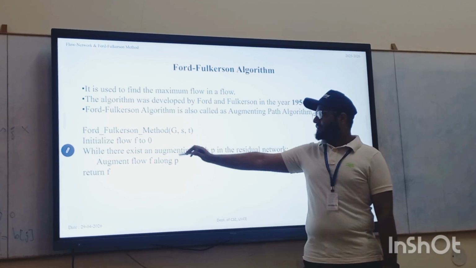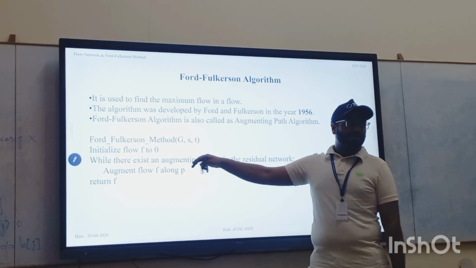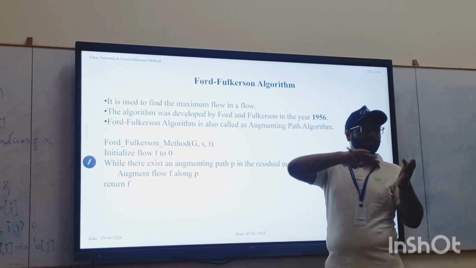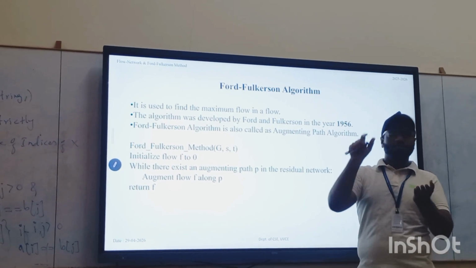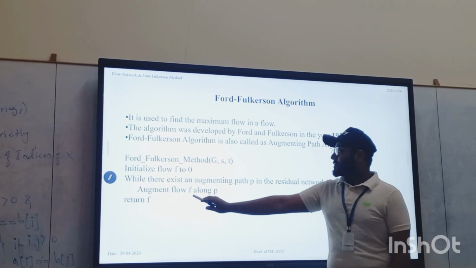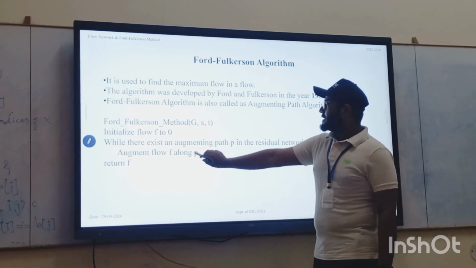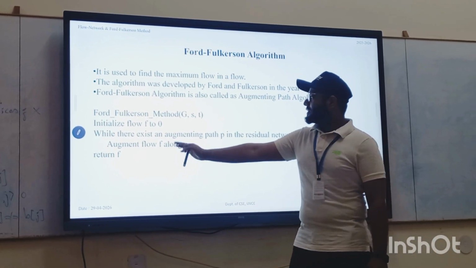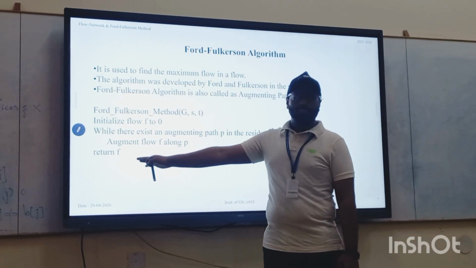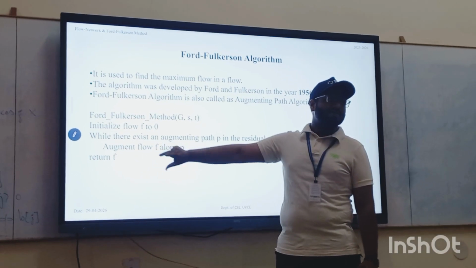Then we find the augmenting path and increase the flow. From source to sink we get a path which has a greater flow value. We augment the flow along the path P, the augmenting path, and we return the flow value F, which is whatever we are maximizing.